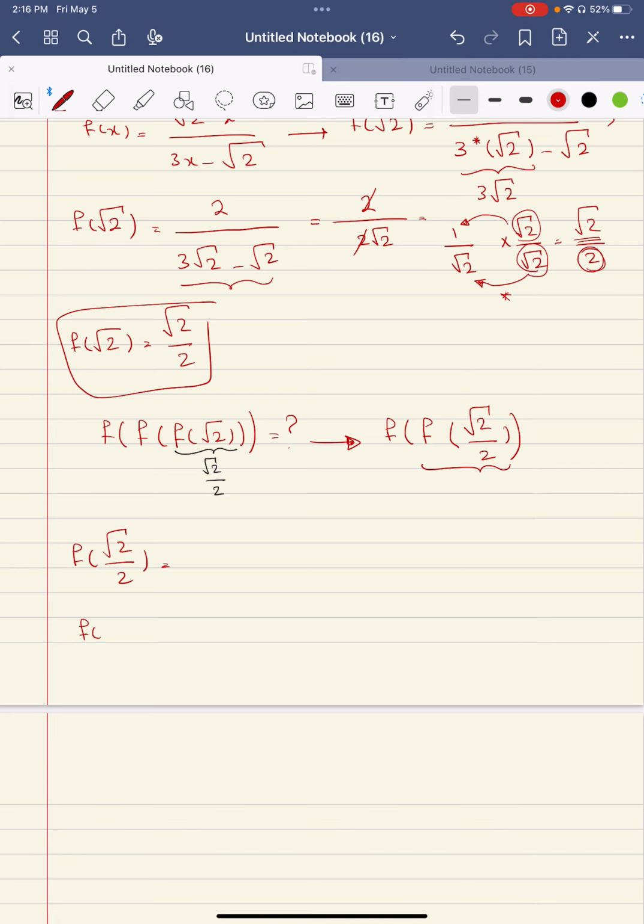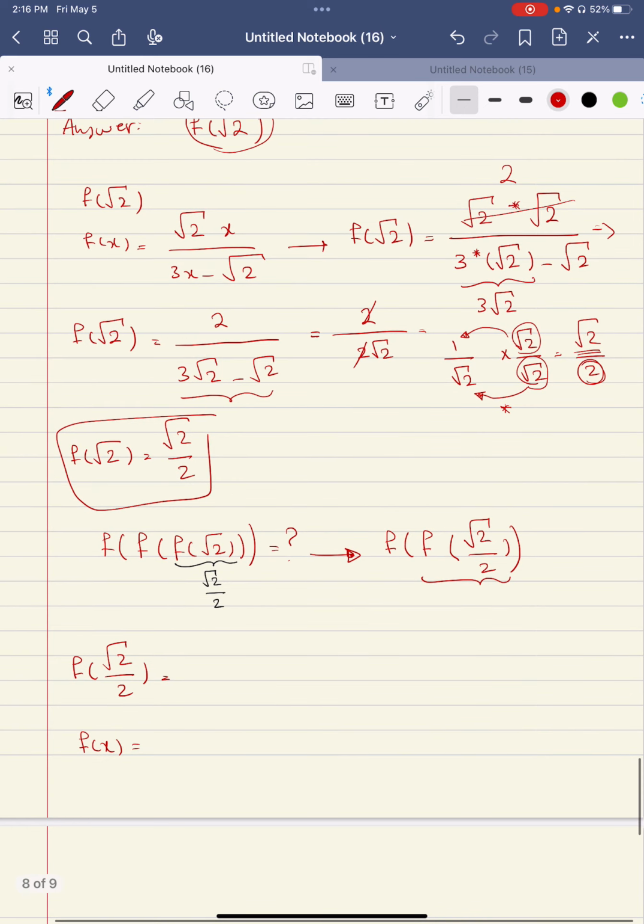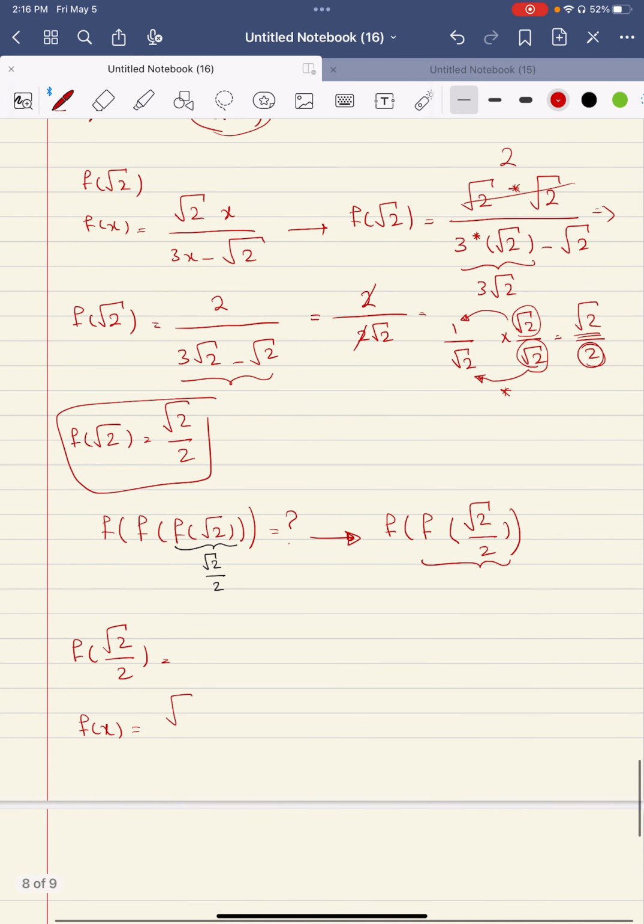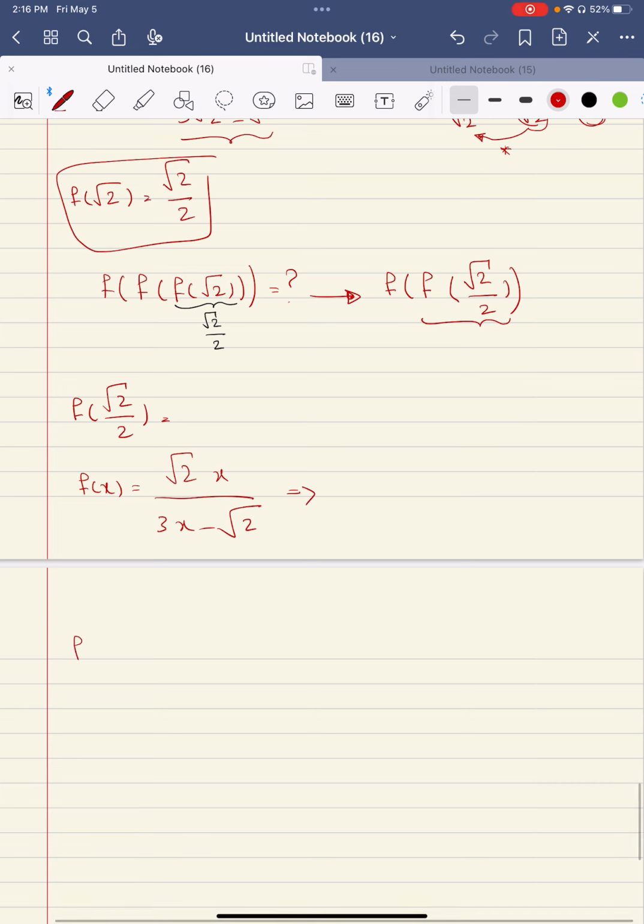Let's write down the f(x) once again, which is root 2 times x over 3x minus root 2. Then if I want to find the f of root 2 over 2, I should put root 2 over 2 instead of the x, right? Instead of the x's that I have.